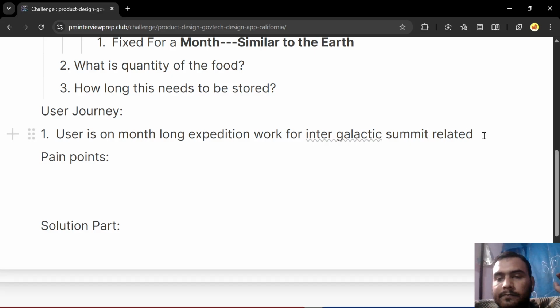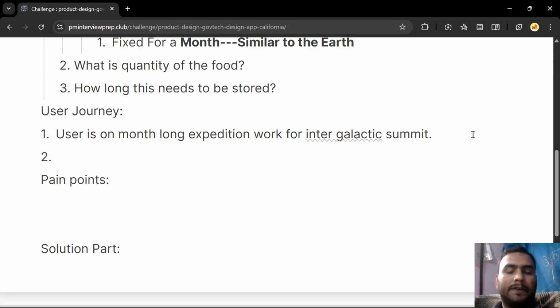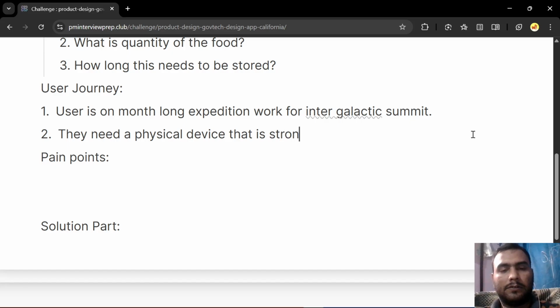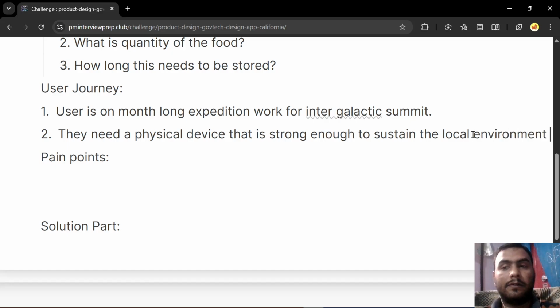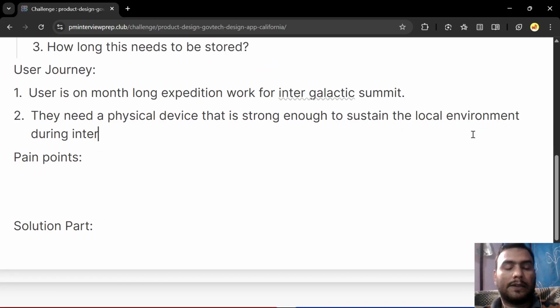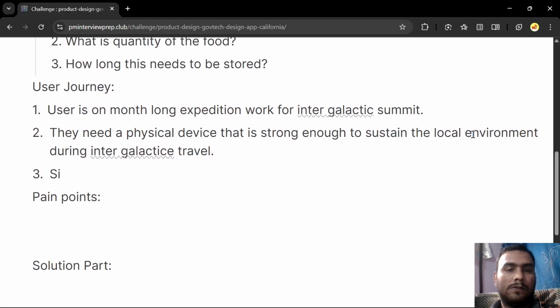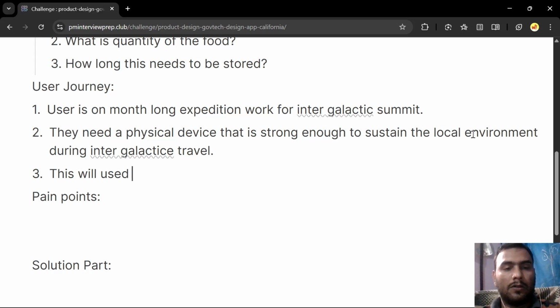And they need a physical device that is strong enough to sustain the local environment during intergalactic travel. This will be used on a frequent basis.